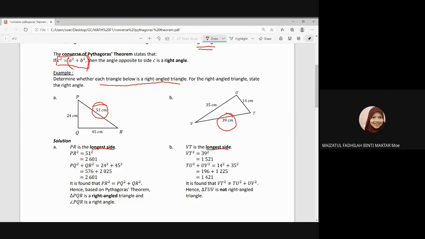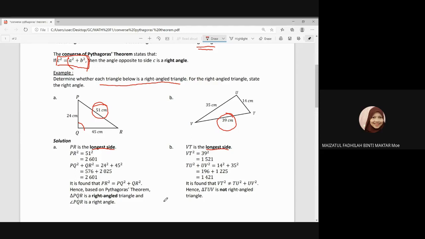So we can determine that PR square has the same value as PQ square plus QR square. Hence, the triangle PQR is a right angle triangle and the angle PQR here is the right angle. Right angle means what? 90 degrees. Okay, 90 degrees.